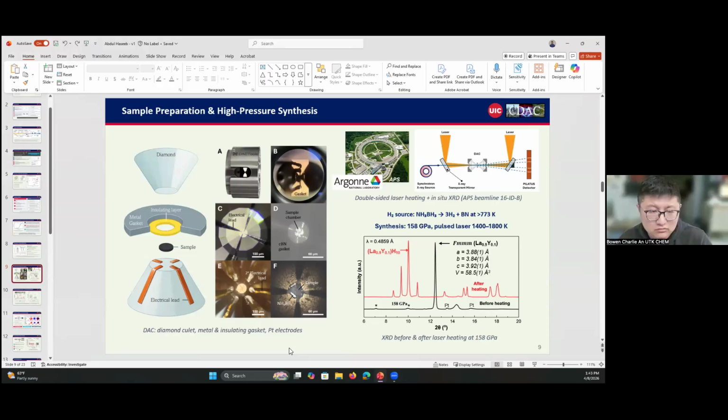And then for the electrical leads, under this extremely high pressure, will the leads deform and change shape because of the compression?